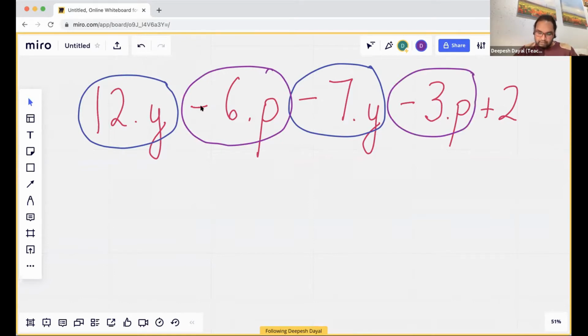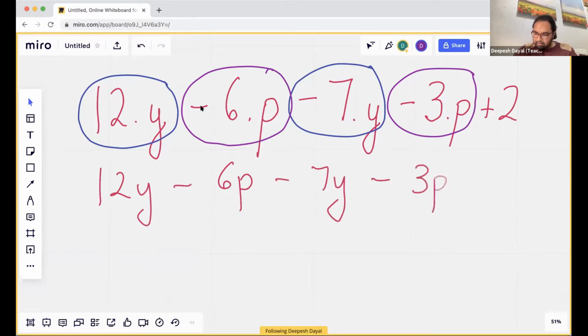So let's look. We've got 12y minus 6p minus 7y minus 3p plus 2.